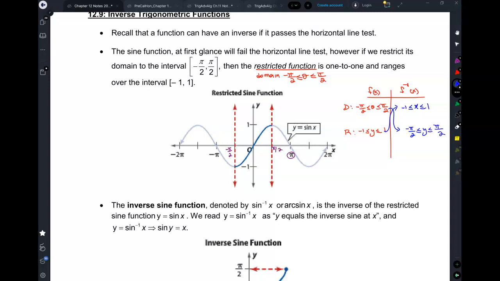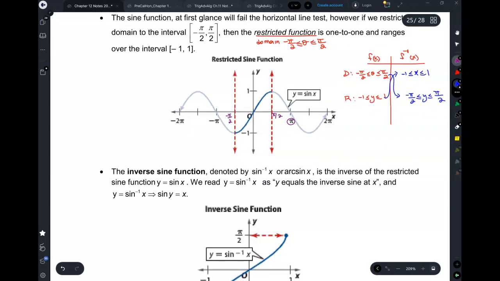Don't mind the variables for now, okay? Just know that the domain and range will just switch. So basically what the inverse function will do is, given a value, 1, root 3 over 2, negative a half, negative root 2 over 2, it helps you find the angle. Pi over 3, negative pi over 4, 2 pi over 3, and so on.